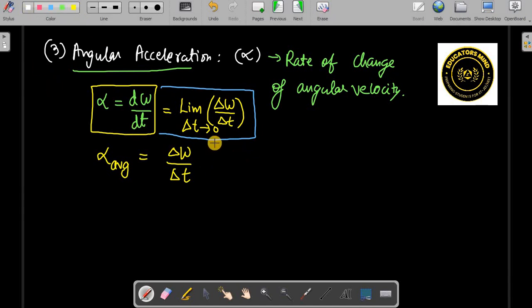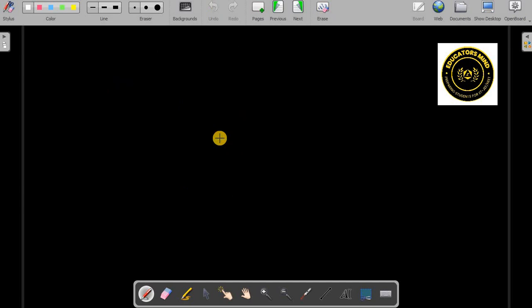Now there is a relationship between the linear variables and angular variables that we will try to understand, right? So let's understand, for a very small angular displacement d theta, there will be a small arc length.